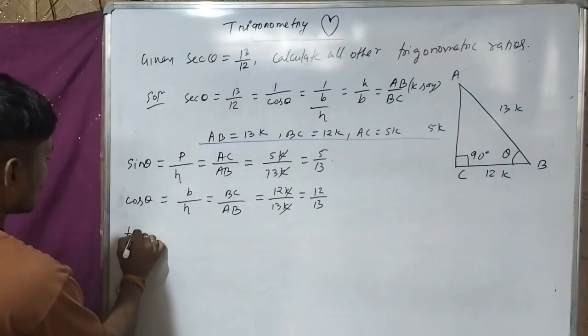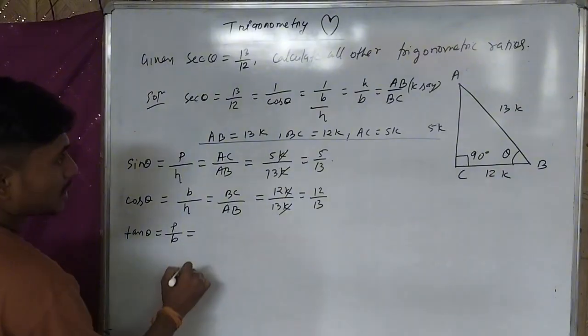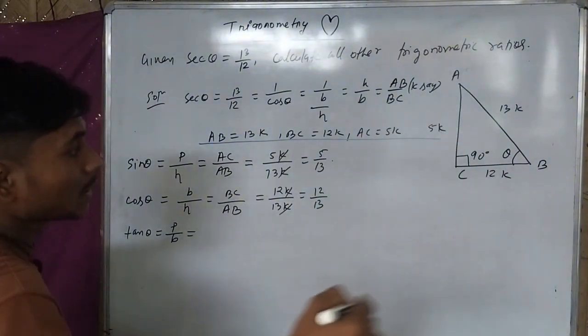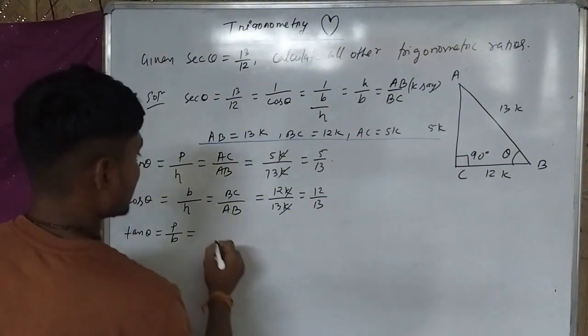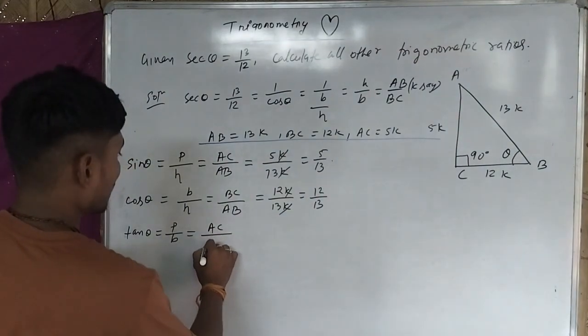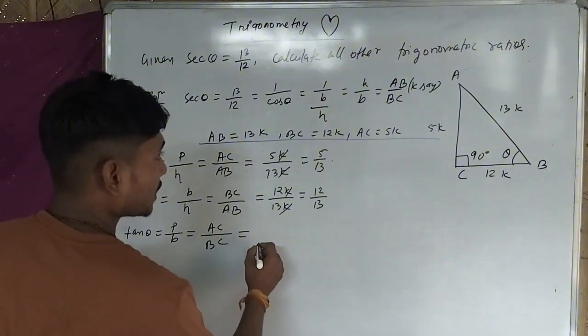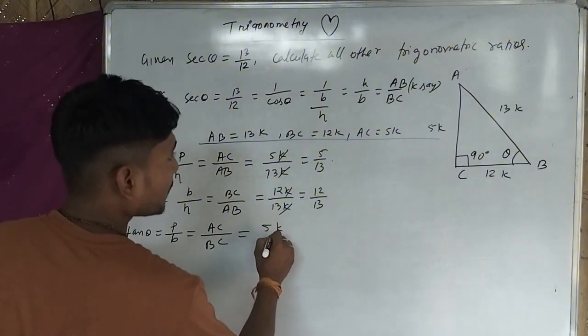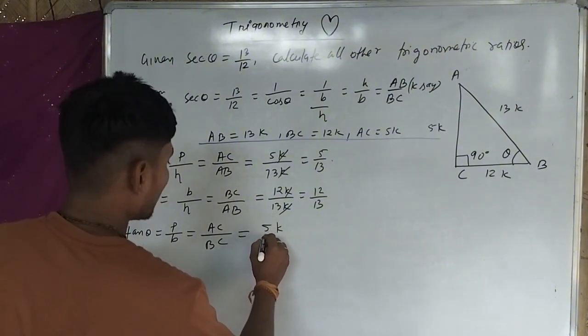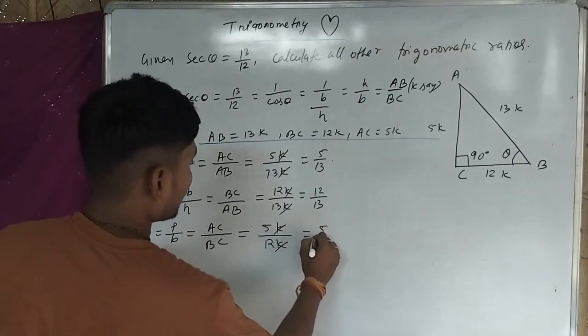Now tan theta. Tan theta means perpendicular by base. AC is the perpendicular and BC is the base. AC we get 5k, and BC the base is 12k. So k cancels, you will get 5 by 12.